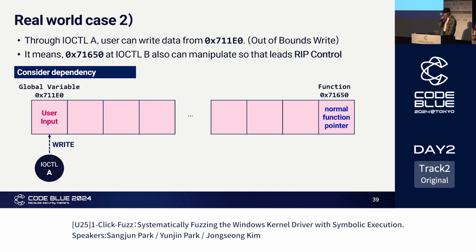So if A is followed by B in sequence, B will reference an incorrect memory address, and it causes a crash.